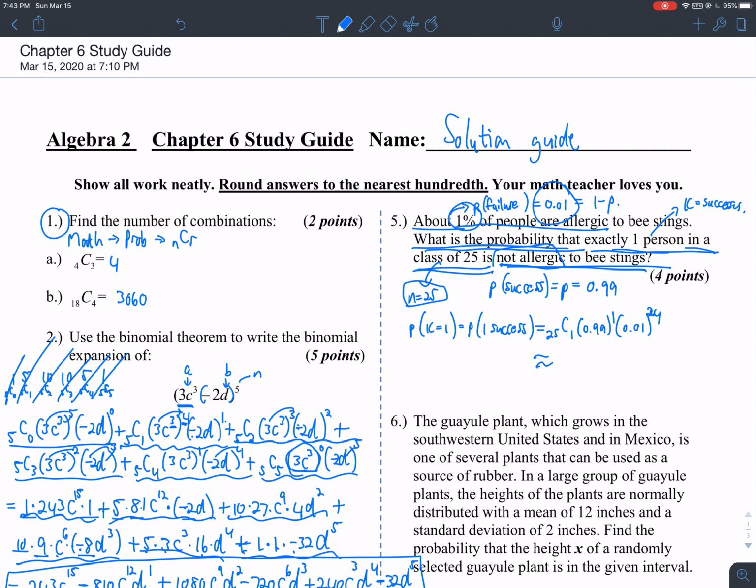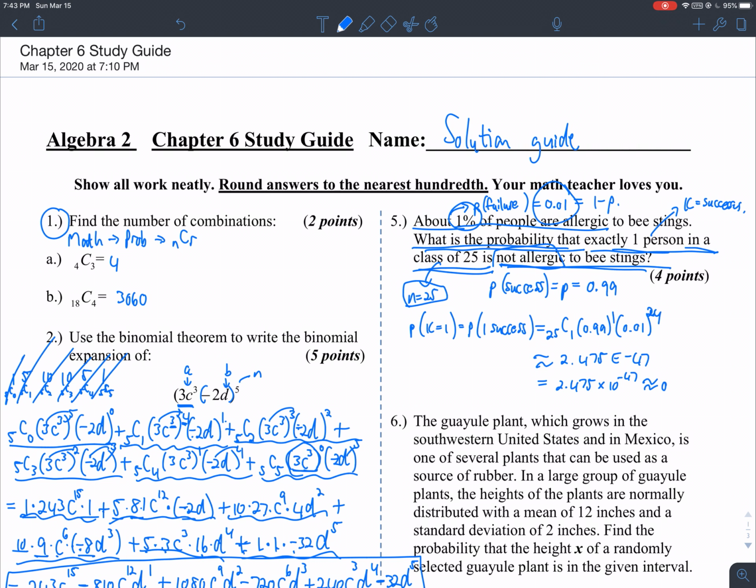And if you put that in your calculator, you get something really, really tiny. Your calculator probably says something like 2.475, maybe it says E negative 47 or something like that, which means 2.475 times 10 to the negative 47, which is basically 0. Okay, that's basically 0. It's a very, very small number.